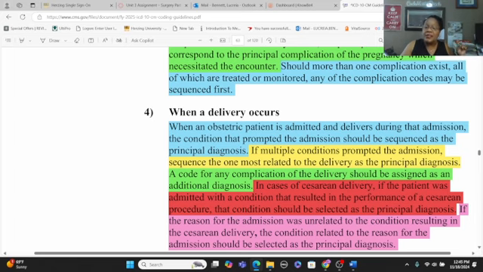And in the case of a cesarean delivery, if the patient was admitted with a condition that resulted in the performance of a cesarean procedure, that condition should be selected as the principal diagnoses.